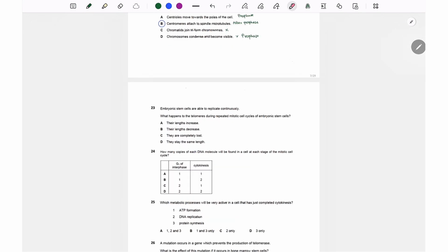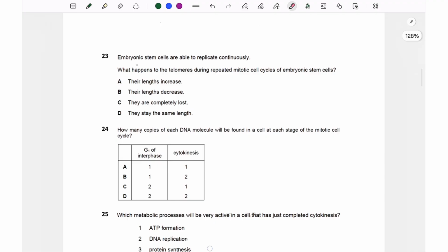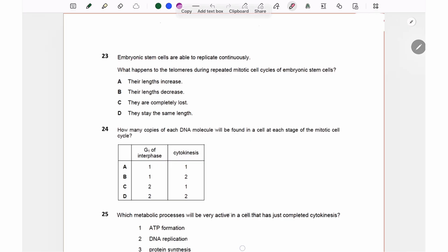We can do a few more questions before I end the video. Embryonic stem cells are able to replicate continuously. It's going to be similar to cancer cells. And remember, cancer cells need that enzyme telomerase. They're also going to have that enzyme.